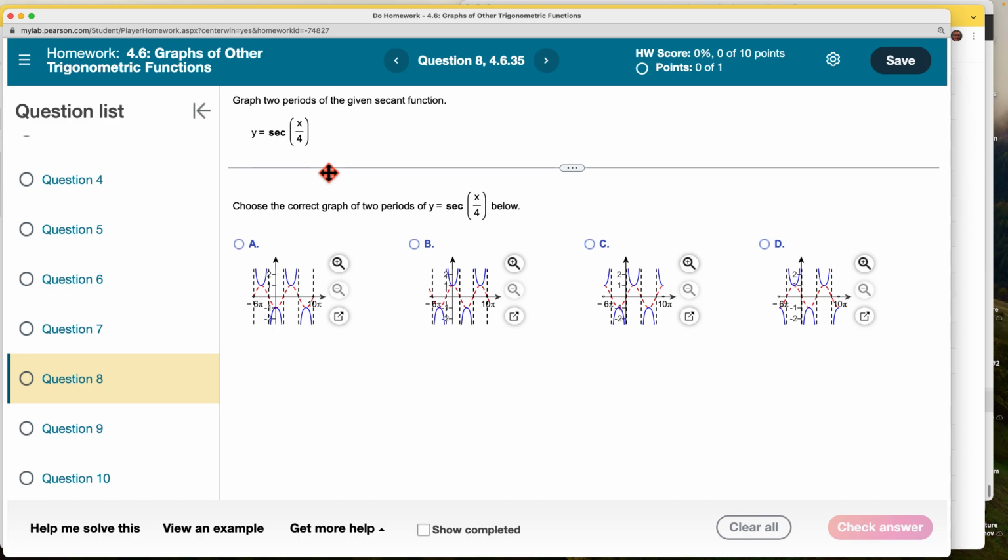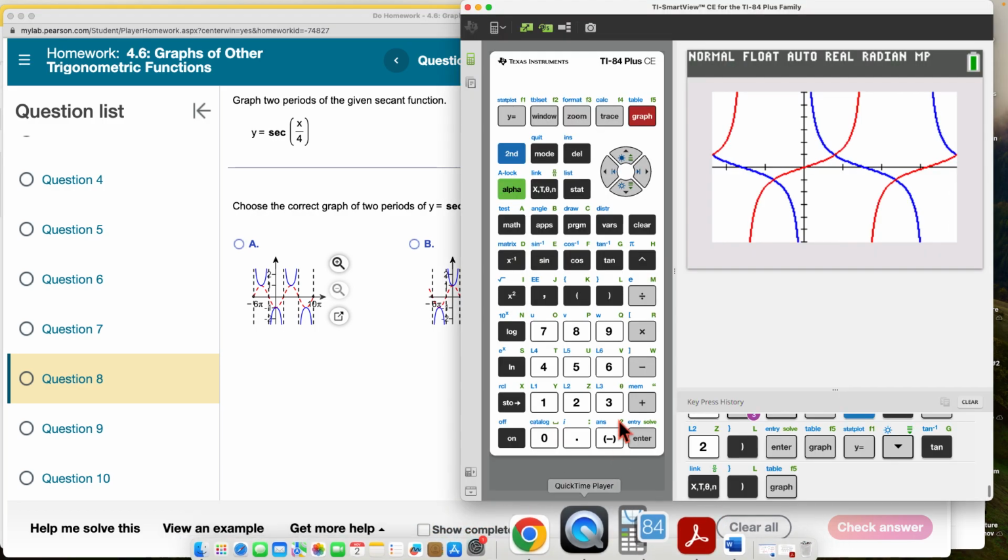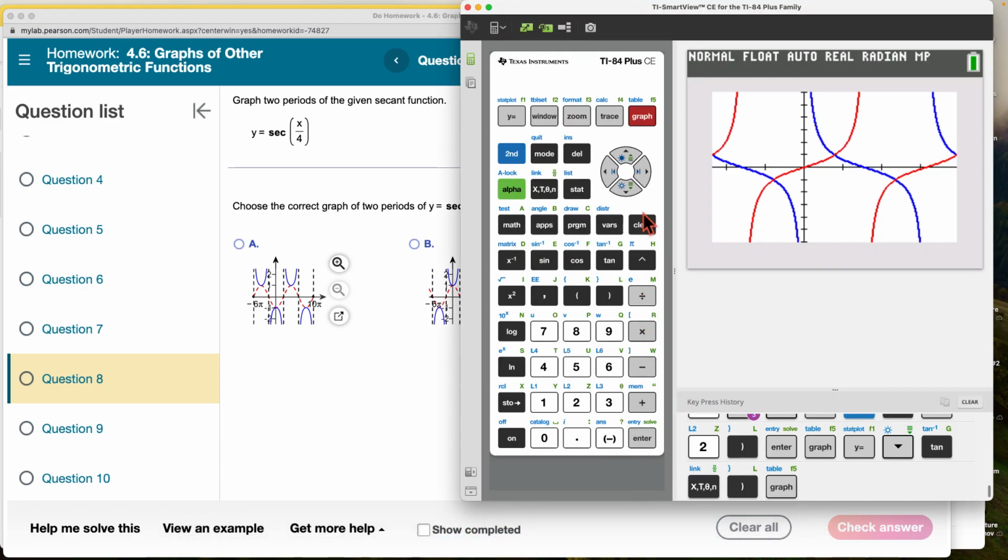Maybe I jumped around. I missed the secant ones. Secant ones are going to do the same thing, it doesn't matter what function it is. The one thing, I'm glad I did this: your TI-84 calculator does not have a secant function here.